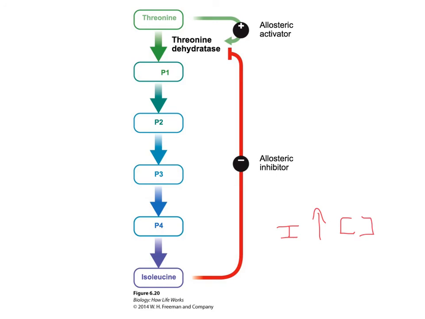No, because we're not using it fast enough. So the isoleucine feeds back, and it binds to an allosteric site on our enzyme, and it prevents threonine from being converted to P1. It's an inhibitor. It's an allosteric inhibitor. We call this process feedback inhibition.